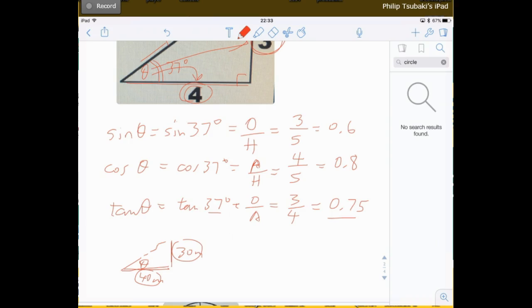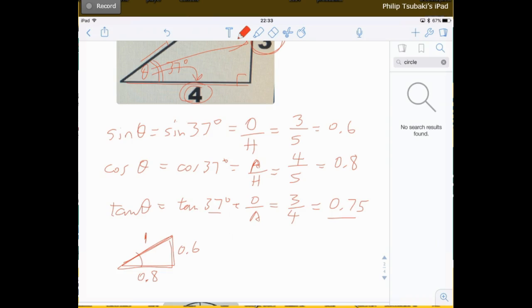Okay? Alright. Now I'm going to give you something that's a little bit different. What if I gave you a triangle and I said that the hypotenuse was length 1, and I said that the opposite was 0.6 long, and the adjacent was 0.8 long.